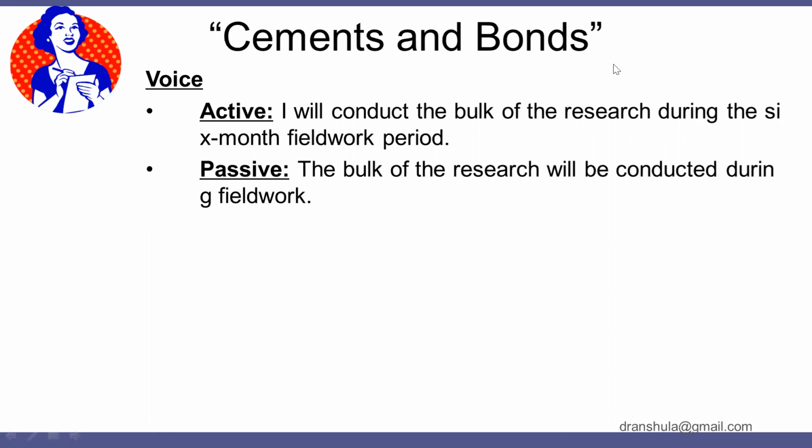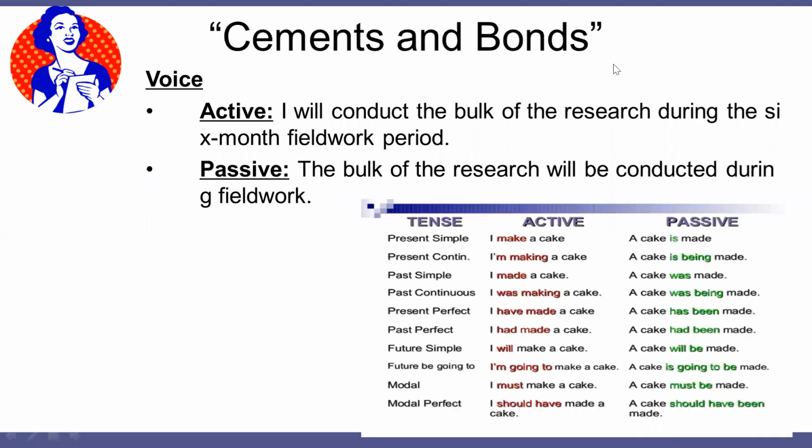So you can understand that active uses I, we, whereas in passive, such type of terms are avoided. So another aspect is the tense, that is passive. So this is a table which shows how you can convert your active voice into a passive one.